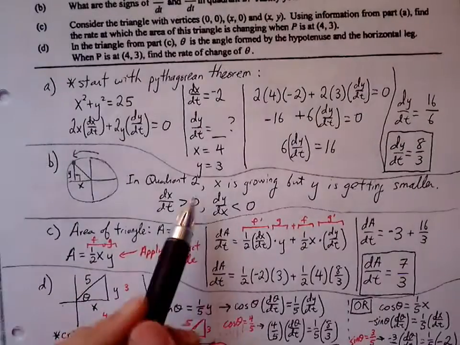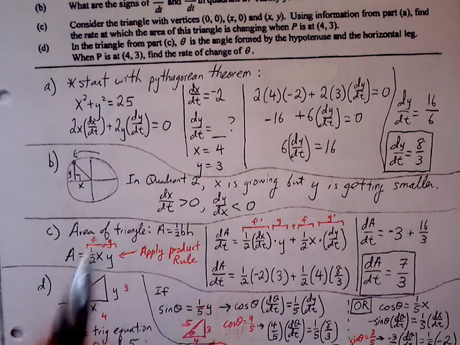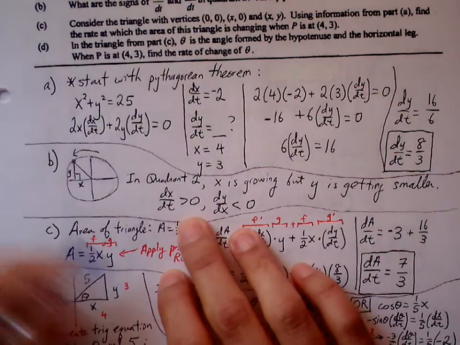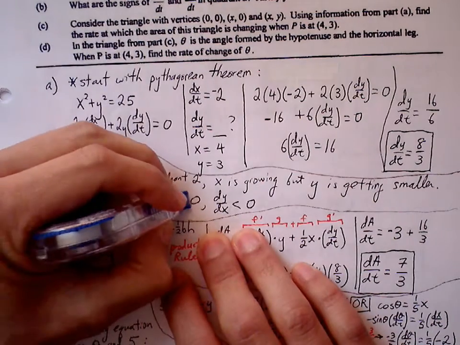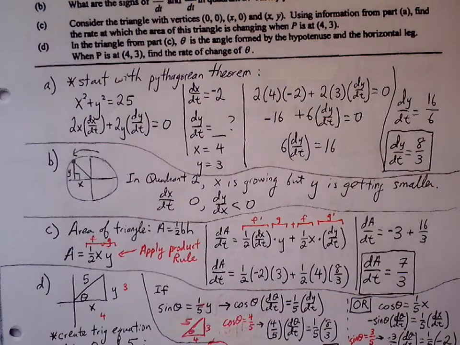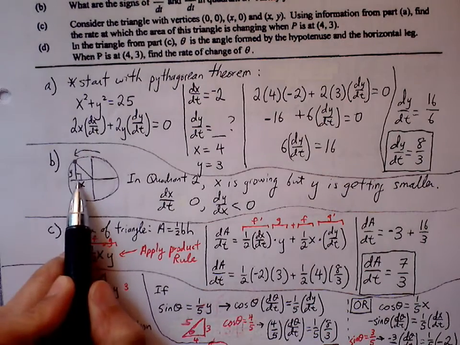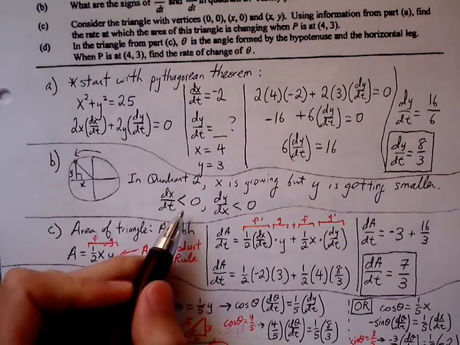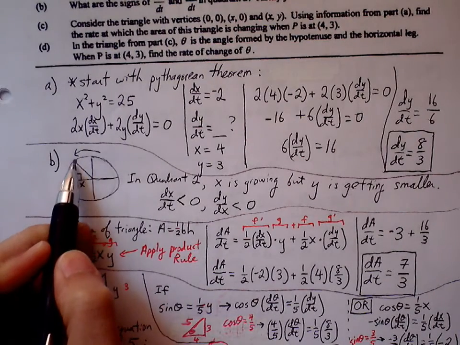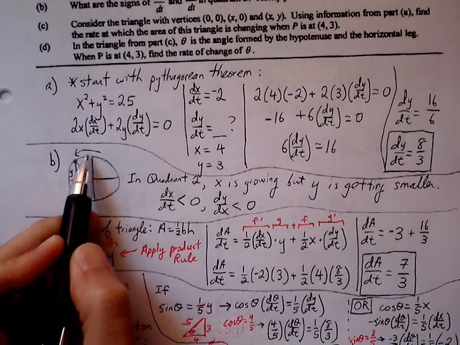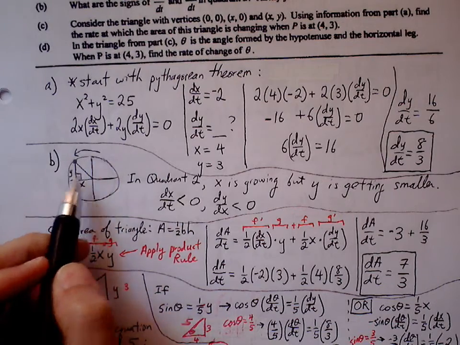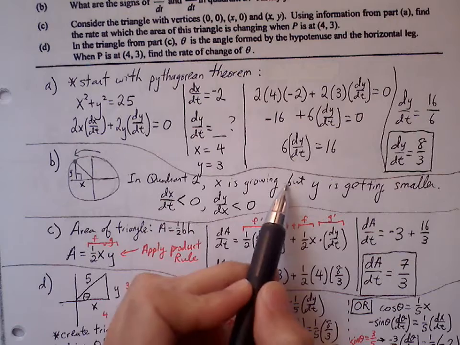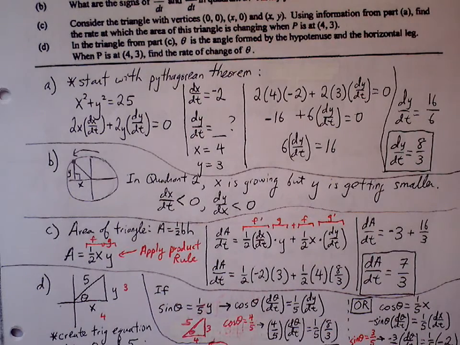So dx/dt actually is less than 0. It's increasing in magnitude, but it's becoming -1, -2, -3, -4. So therefore less than 0. And dy/dt is also getting smaller as well, right? Maybe it's 5, then 4, then 3, then 2. So I made a mistake here. x and y are both becoming smaller.